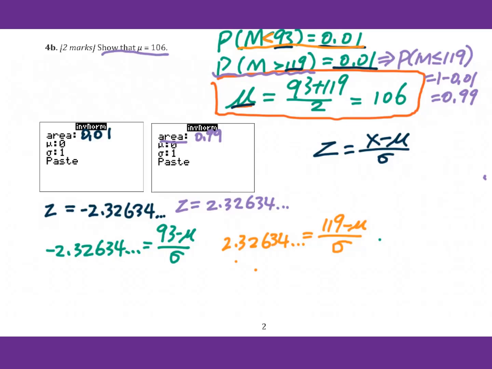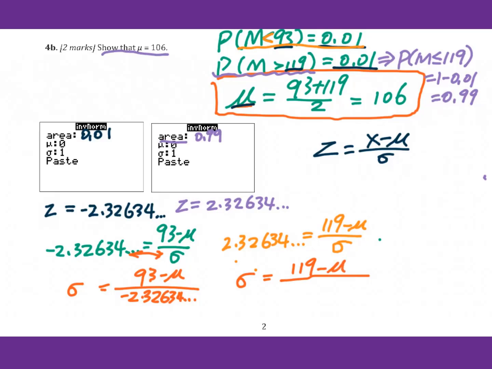Then you take sigma outside and switch the two, so sigma equals (93 minus mu) over negative 2.32634, and sigma equals (119 minus mu) over 2.32634.